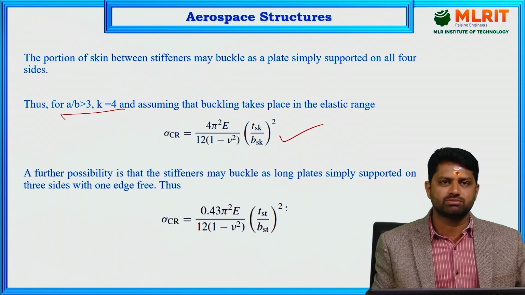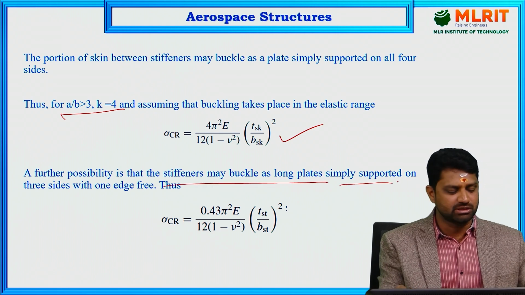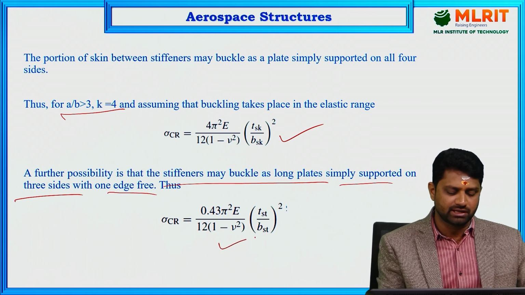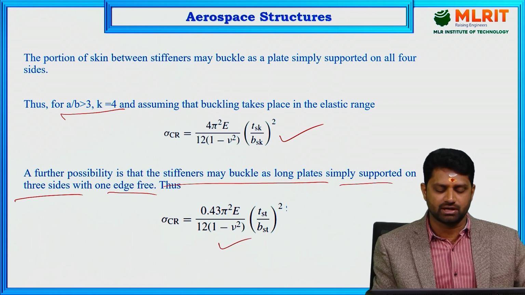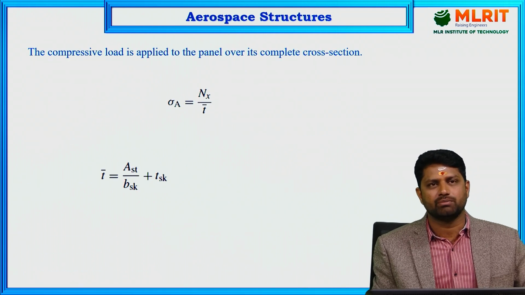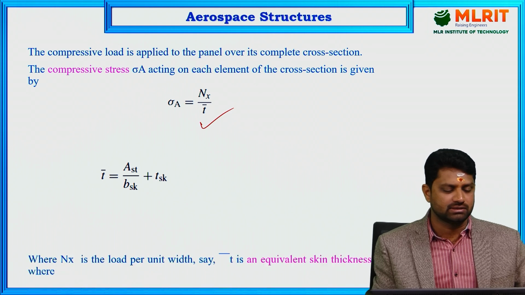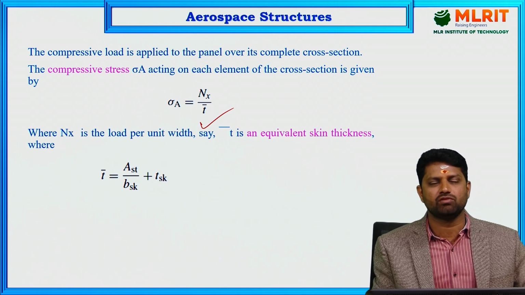A further possibility is that the stiffeners may buckle as long plates simply supported on three sides with one edge free. In such a case, the critical stress is 0.43 pi square E by 12 into (1 minus nu square) into (TST by BST) whole square. The compressive load is applied on the panel over its complete cross section, so the compressive stress is sigma A equals Nx by T bar, where Nx is the load per unit length and T bar is the equivalent skin thickness.